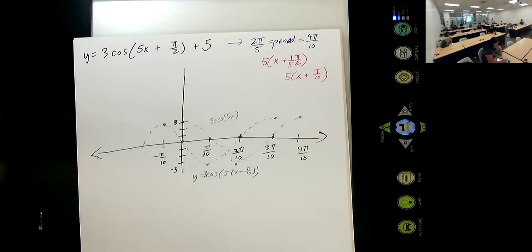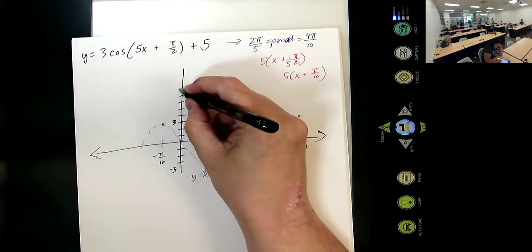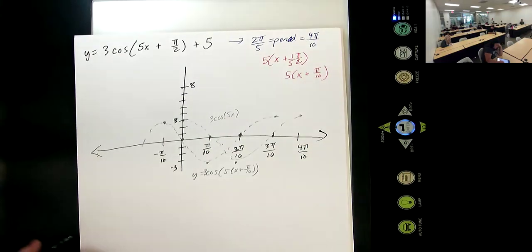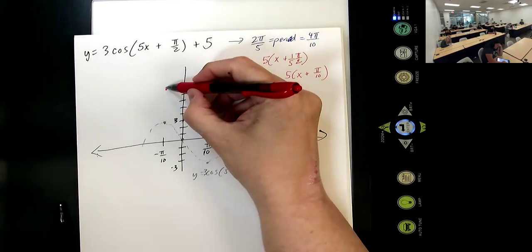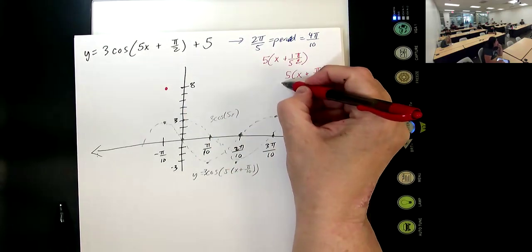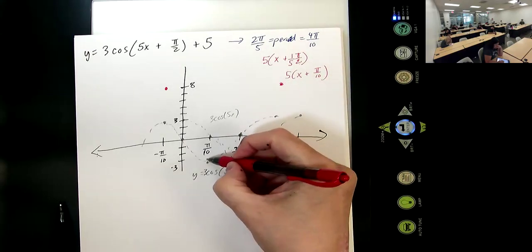And now we're shifting it up 5, we want to add 5 to it. That would put me up to 8. So these values gotta go up 5 to the 8. And if I go up 5 from -3, I'm going up to 2.